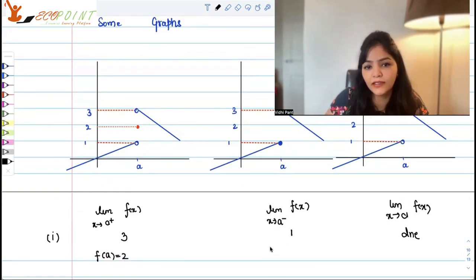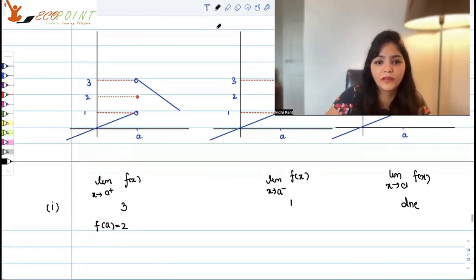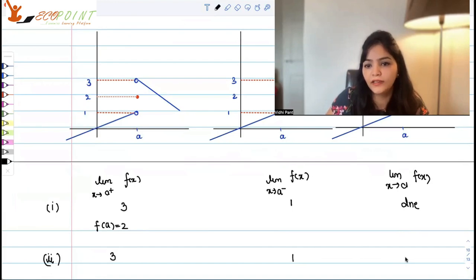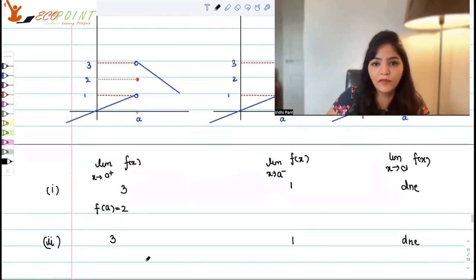On the other hand, we have defined f of a in the second graph. I have not written about the second graph yet, so I'm going to write it down here. Number 2. The second graph, I can see your left-hand limit is equal to 1 and right-hand limit again is equal to 3. And clearly, since they are different, the limit does not exist. But what is f of a here?